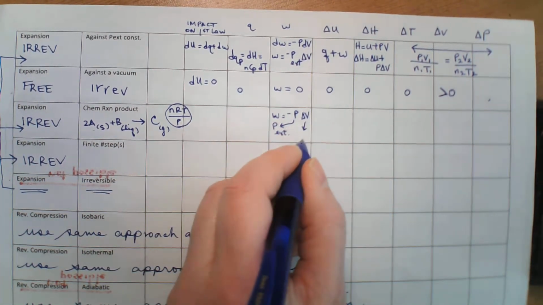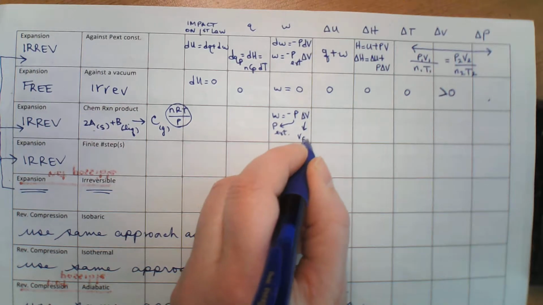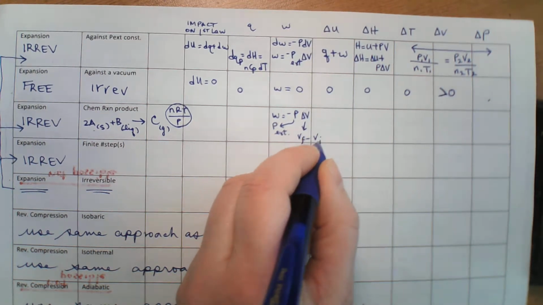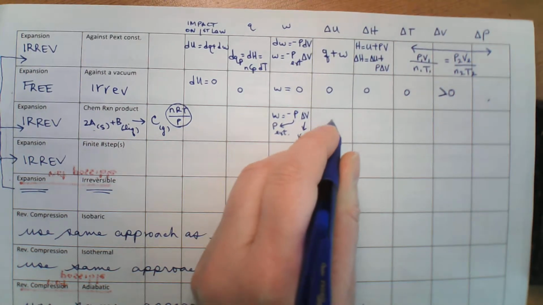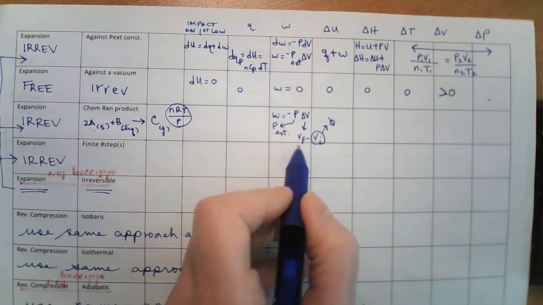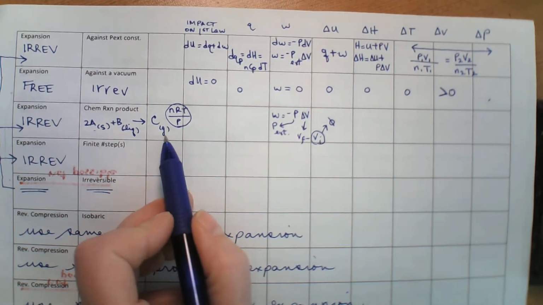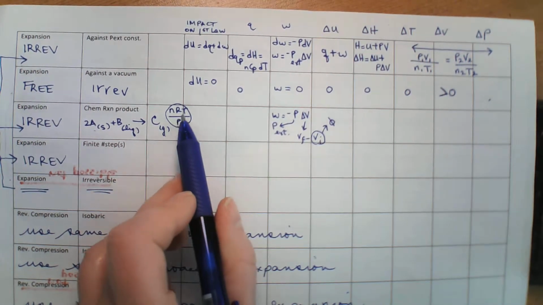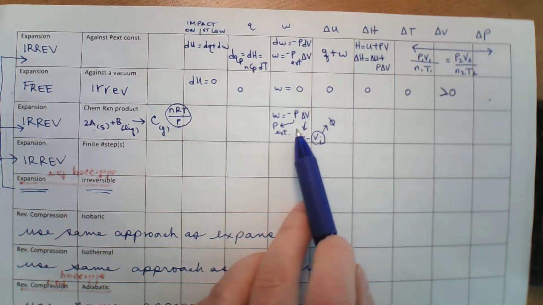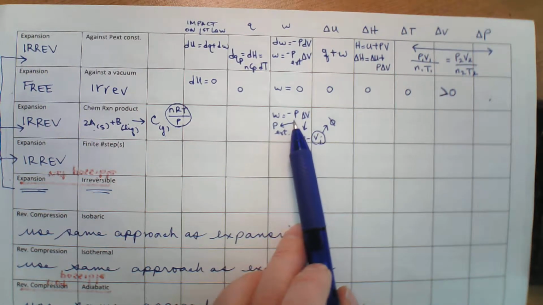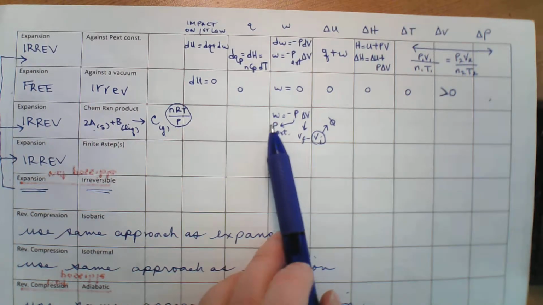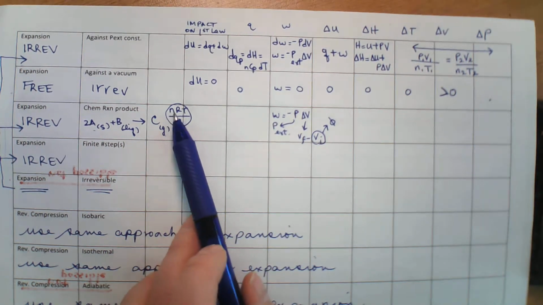And the delta V is V final minus V initial, but that V initial is equal to 0, and so it's really equal to the V final of the gas, which is nRT over P. So if you look carefully, it's P times nRT over P, so the work is really just equal to nRT.